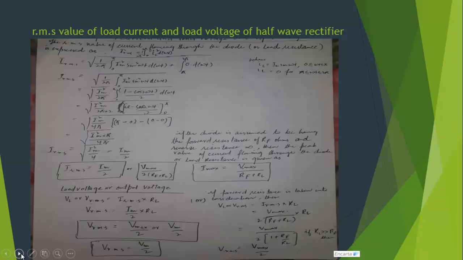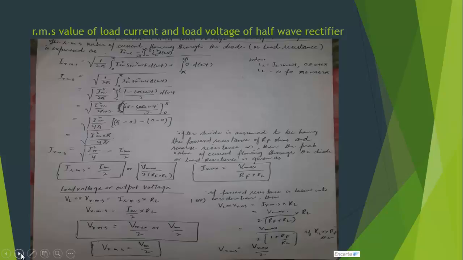Solving this equation, our RMS value of load current is Im by 2. That means IRMS is equal to Im by 2. This is the equation when we assume that the forward resistance is 0.